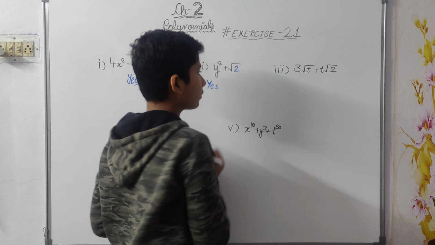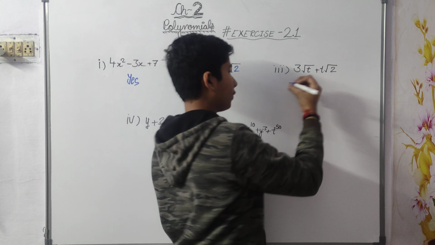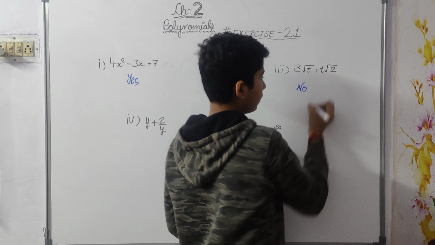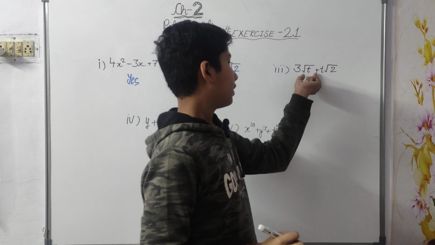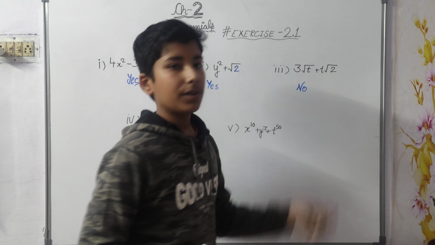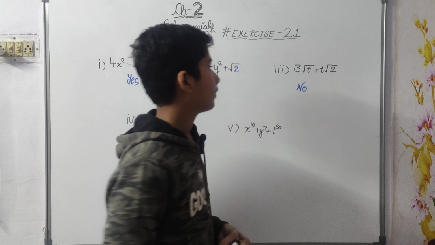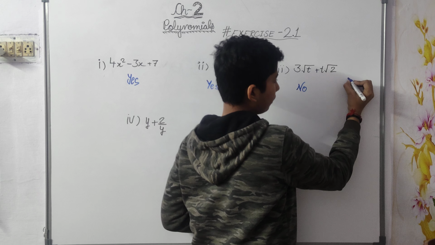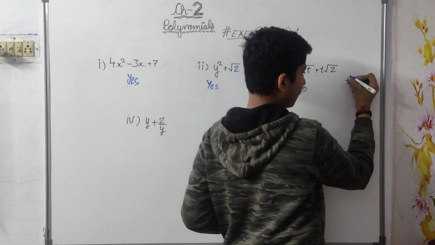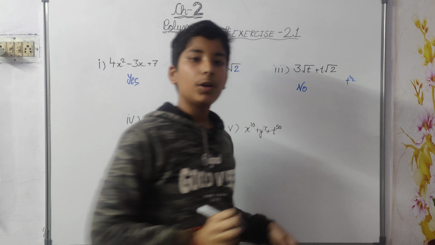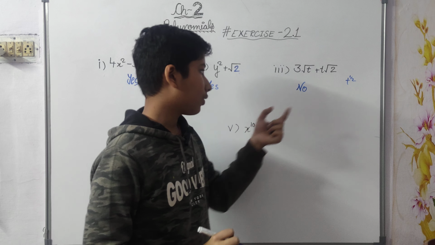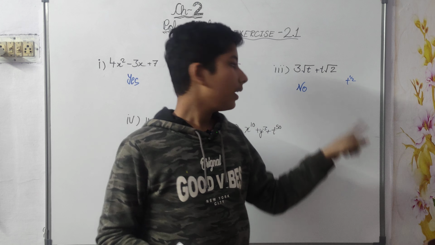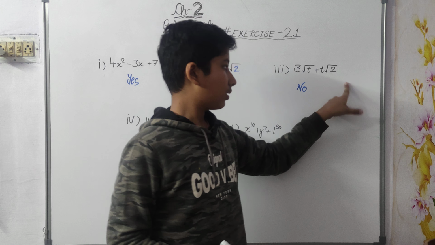Now this one, it would be no. Why no? Because there is the t which has power 1 upon 2. If you put it, then the square root can be written as power 1 by 2. And we all know that for polynomials there is a rule that the power should not be in division.